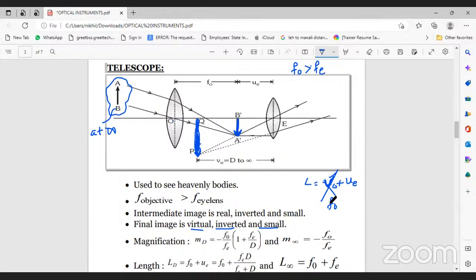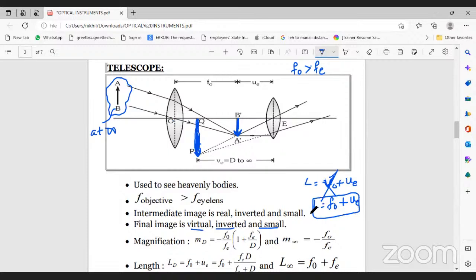So instead of V naught, shall I write it as F naught? Yes, sir. So F naught plus UE will be the length of the tube in the telescope.